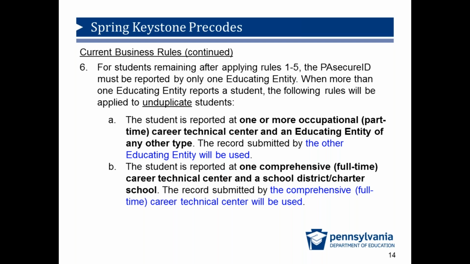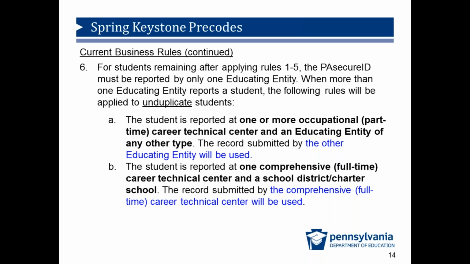A word about CTCs. Historically, occupational CTCs operate part-time programs with the understanding that the core subjects, including Keystone courses, are taught at the sending educating entity, and that comprehensive CTCs are full-time programs that teach the core subjects at the CTCs.